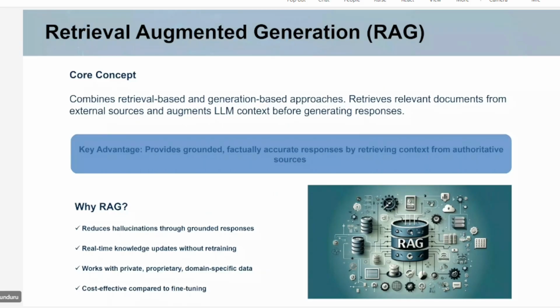Okay, so coming to RAG, it is the solution for all these kinds of problems. Retrieval-Augmented Generation combines retrieval-based and generation-based approaches, retrieves relevant documents from external sources, and augments the LLM context before generating the responses. So we have our own knowledge bases. A wide set of knowledge bases will be there.